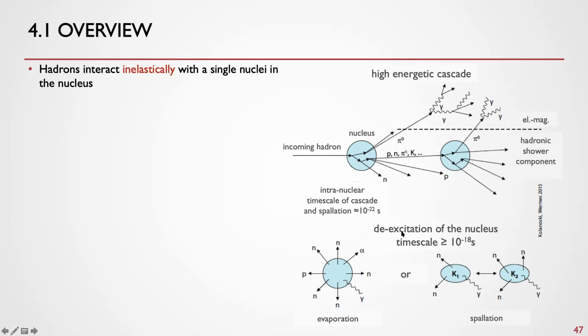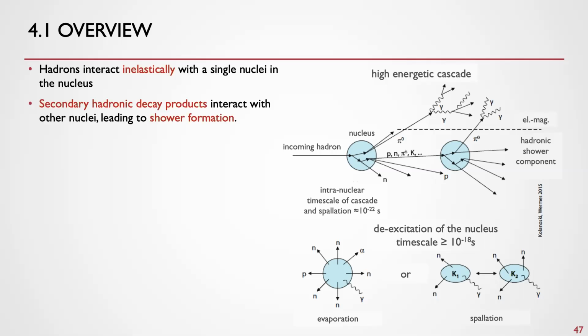At the end of the day, you have excited nuclei with a time scale of 10 to the minus 22 seconds for spallation and evaporation of neutrons, alpha particles, protons, and photons, in case you produced an isotope that's a gamma radiator, and 10 to the minus 18 seconds for de-excitations, in case you excited an internal excited state of the nucleus.